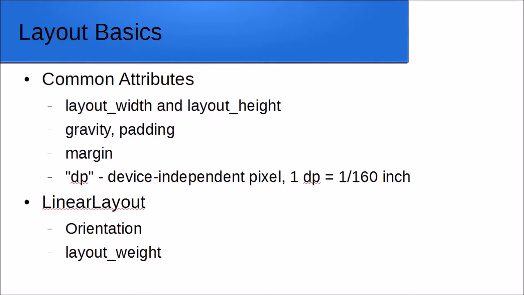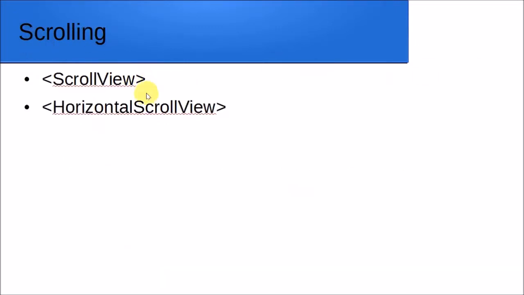After I talk about linear layout, I'll talk about scrolling. Scrolling lets you fit slightly more stuff onto your screen. So if you optimize your user interface for a 5-inch screen and you end up displaying that interface on a 4-inch screen, you're going to need scrolling, else stuff is going to get chopped off.